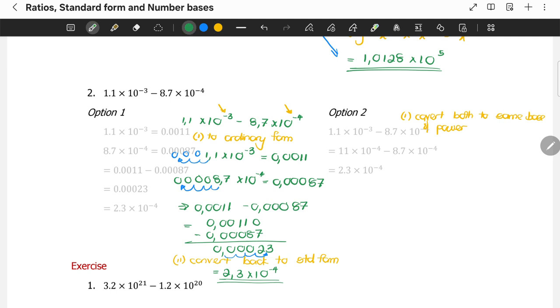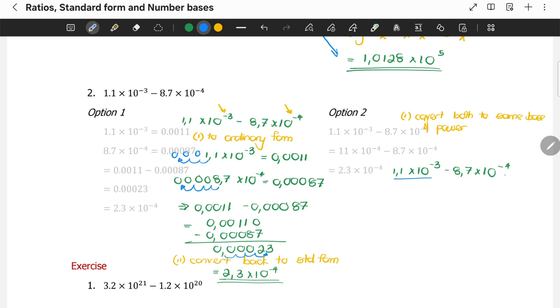So we have 1.1 times 10 to the power minus 3 minus 8.7 times 10 to the power minus 4. And we're choosing to convert 1.1 times 10 to the power minus 3 to minus 4 because it's the bigger number in this case, because we know that if the power is more negative, it's the smaller number. So minus 4 is smaller than minus 3.